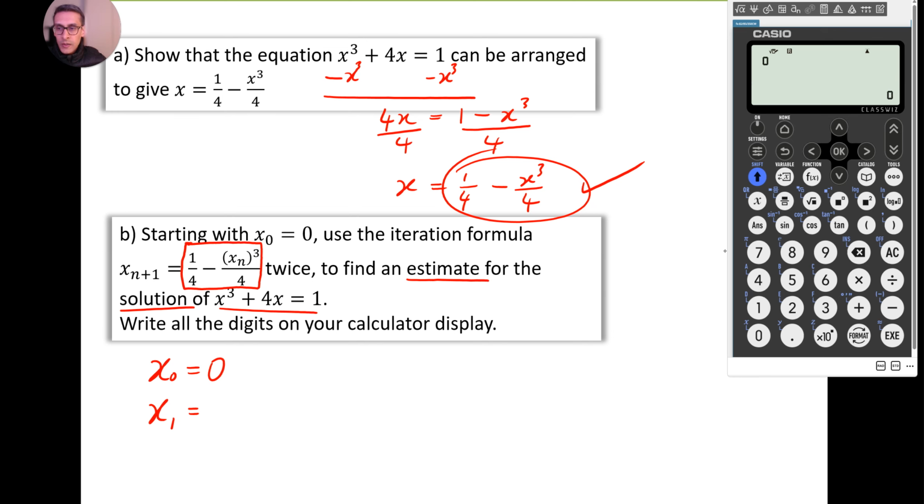So fraction 1, fraction 4, 1 over 4, take away answer cubed over 4. You might need to use brackets around that.